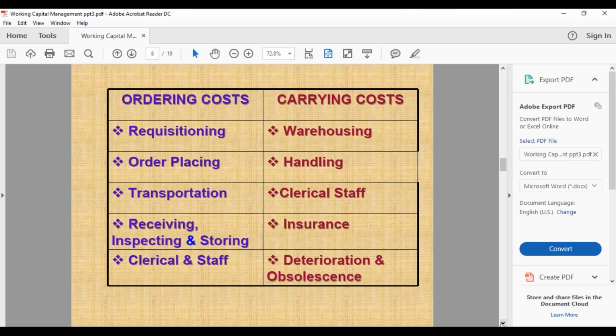These are the ordering costs, and carrying costs are like warehousing, keeping the inventory in the warehouse, handling the inventory, clerical staff, and insurance. Companies also have to get the inventory insured, so that if inventory gets damaged, or if some grocers are keeping grocery as inventory and it goes bad, everything is insured.